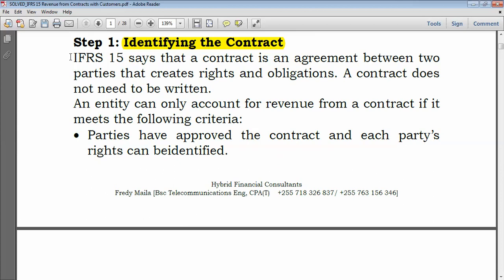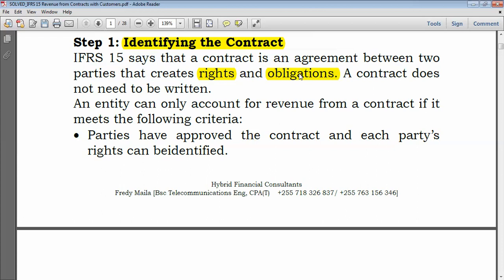So we say here that IFRS 15 said that a contract, what is a contract? It is simply an agreement between two parties that creates rights and obligations. So when speaking of a contract, one party would have rights, but also obligations to do something, as would another party. For example, I've sold a computer to you.